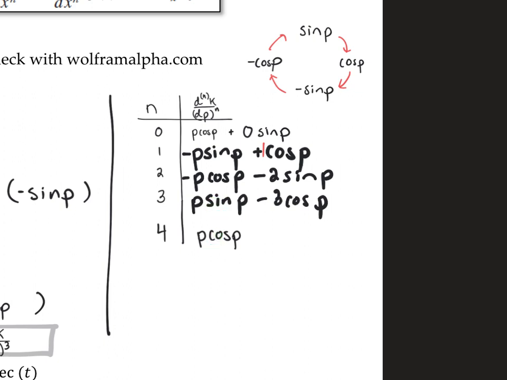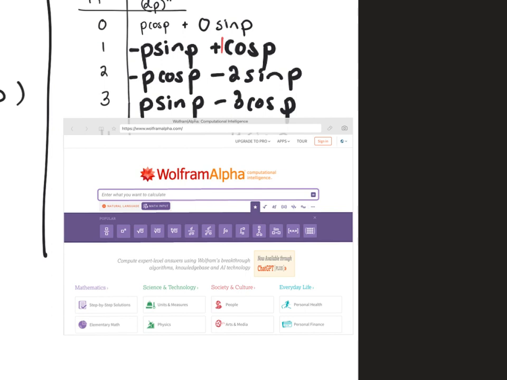And then here we have gone positive, positive, negative, negative. So we're going to go positive again, and we should go for sine of p. So let's check our third derivative, and then let's see if I was right on my guess from the pattern on the fourth derivative.